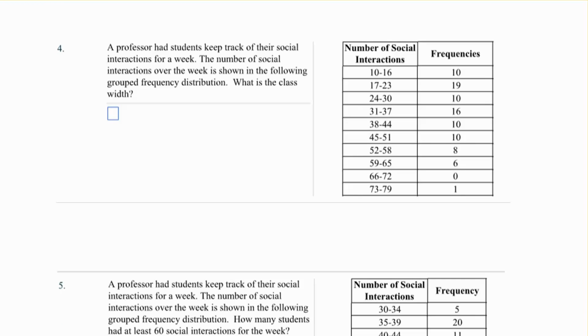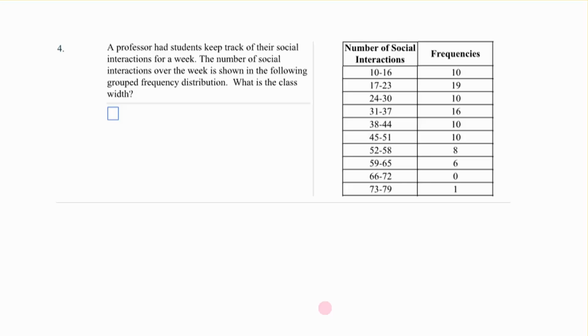Let's look at number 4. It says a professor had students keep track of their social interactions for a week. The number of social interactions over the week is shown in the grouped frequency distribution. What is the class width?